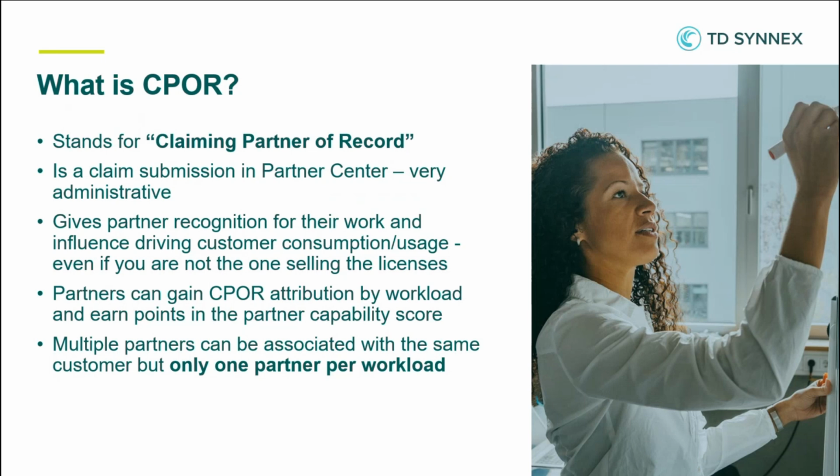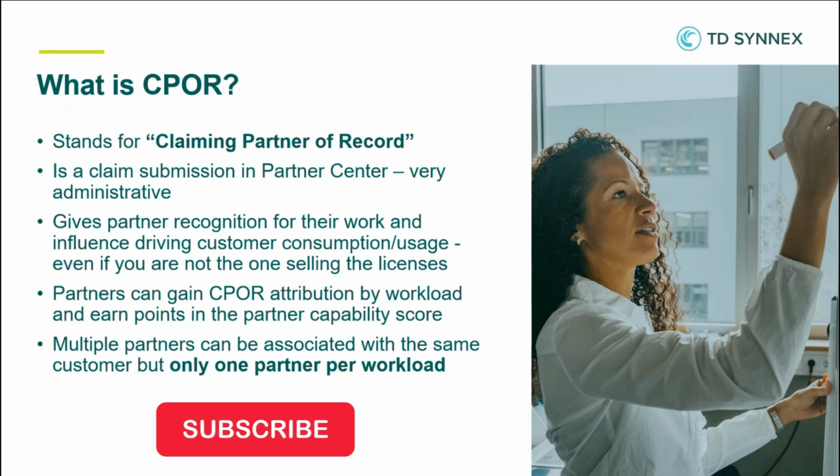Now, maybe you are selling them the CSP licenses and doing the deployments. Well, in that case, you can be both. And partners gain CPOR attribution by workload, whereas CSP association is by subscription. So with CPOR, it is one partner per workload.